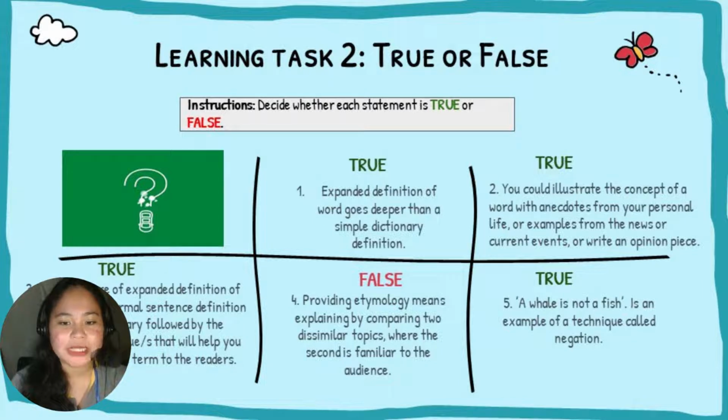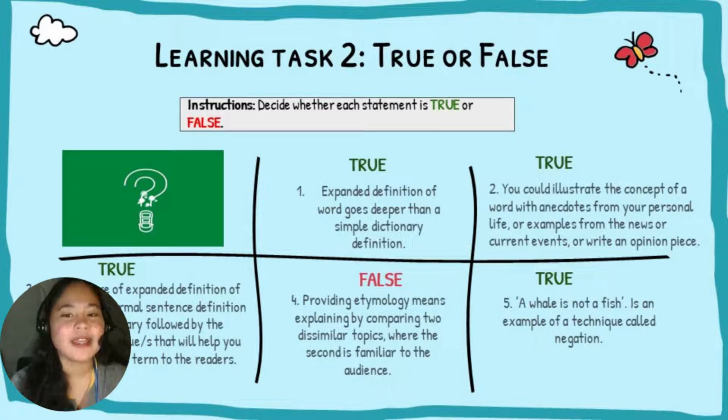Providing etymology means explaining by comparing two dissimilar topics where the second is familiar to the audience. Is it true or false about etymology? Okay, this is false, meaning to say this should be what? Analogy. Okay, how about number 5? We have, a whale is not a fish, is an example of a technique called negation. Is this correct?